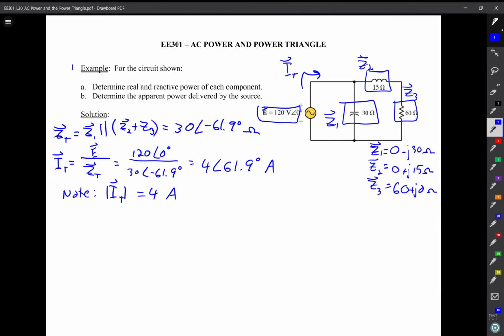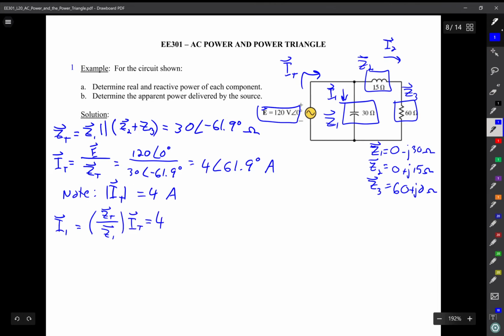All right. Now, I'll also find I1 if I need it. I1 is the current through the path of Z1, and I'll call I2 the current through the path with the Z2 and Z3 impedances. So I1, by current divider rule, is equal to Z total divided by Z1 times I total, which is equal to 4 with an angle of 90 degrees amps.